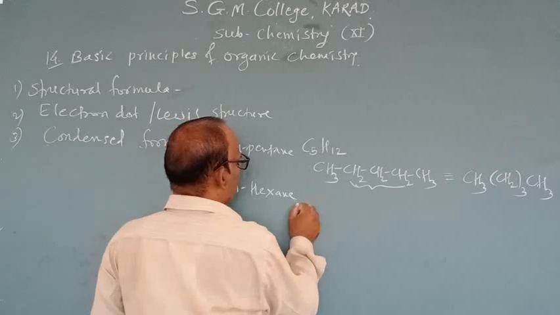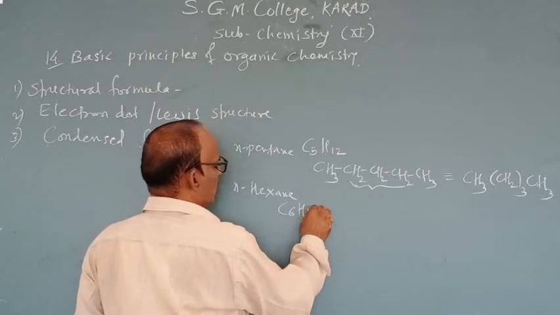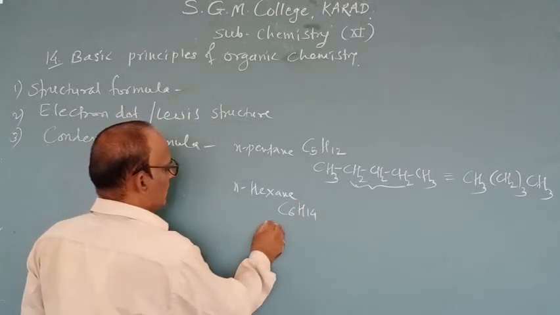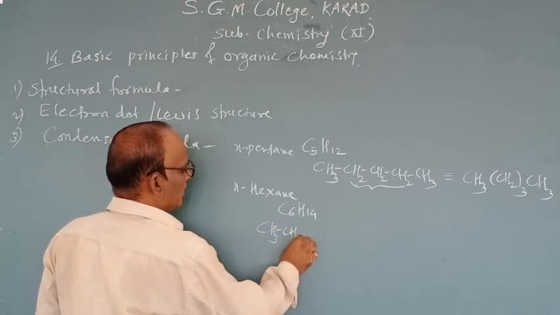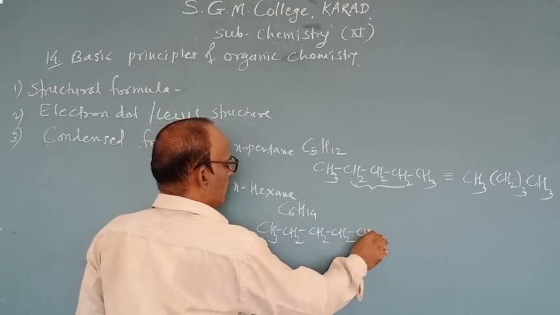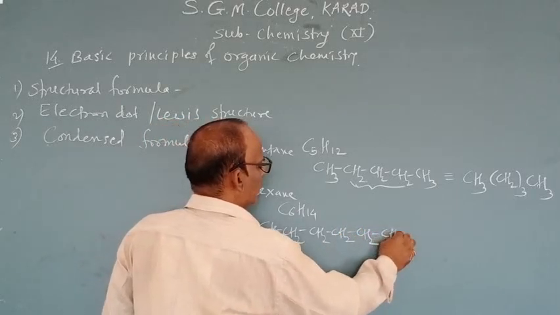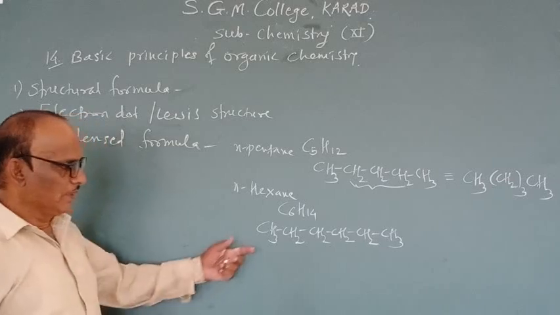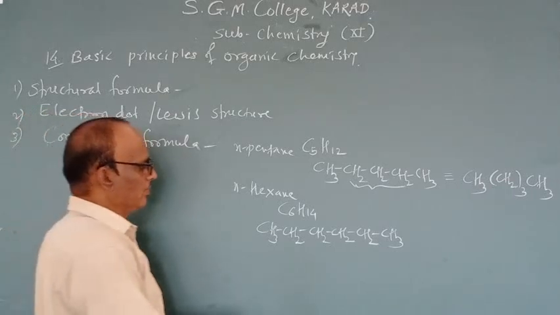N-hexane. Hexane means 6 carbon, 14 hydrogen atoms. This can be written as CH3, CH2, CH2, 4 CH2 groups, and the last one is a CH3 group. Total 6 carbon and 14 hydrogen atoms.